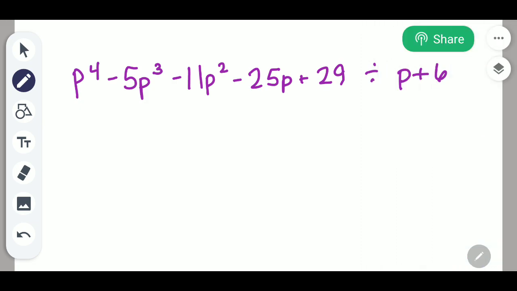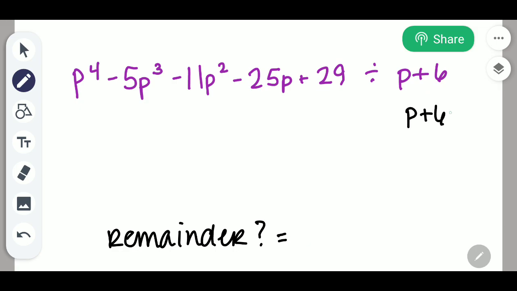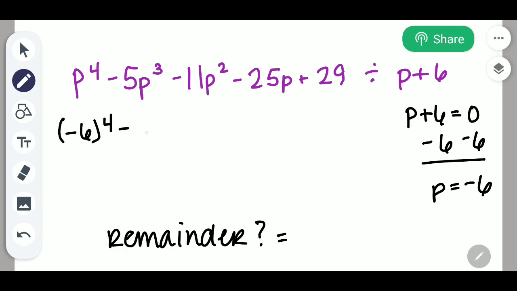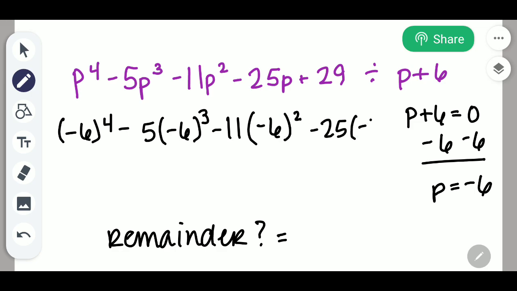So our first example, let's find the remainder. Our final result is going to be, what is our remainder? If we take p plus 6, set it equal to 0, and solve for p, we get negative 6. So if we plug negative 6 in here, negative 6 to the 4th minus 5 times negative 6 cubed minus 11 times negative 6 squared minus 25 times negative 6 plus 29.